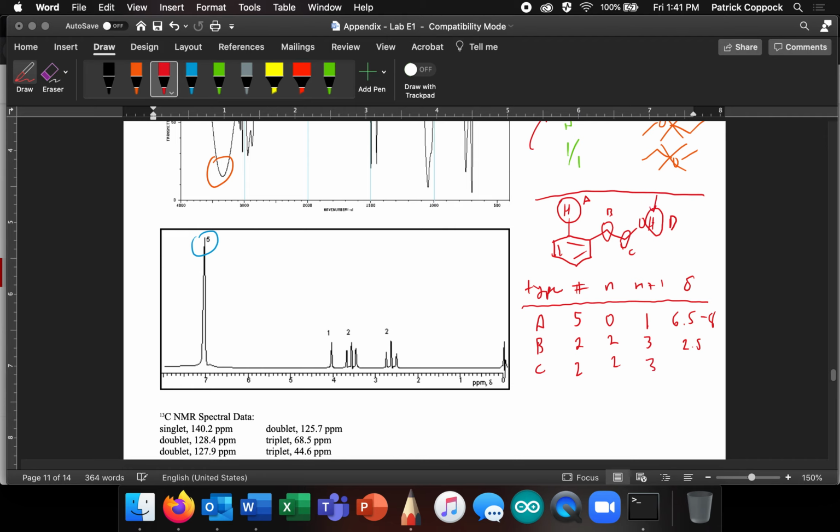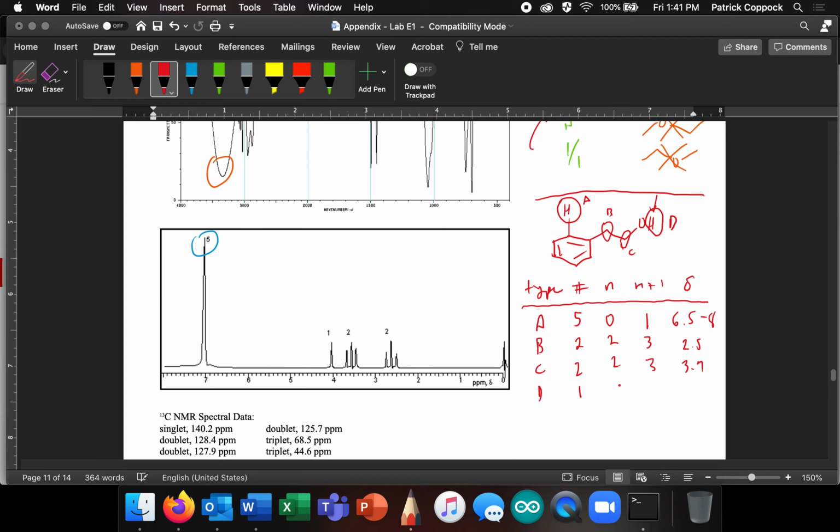Remember, hydrogens on oxygen are just sort of lone wolves, right? And that is a methylene, but it's right next to an oxygen. So the closest thing we have to that is on page 663. Yep, and that's 3.7 ppm, page 663.